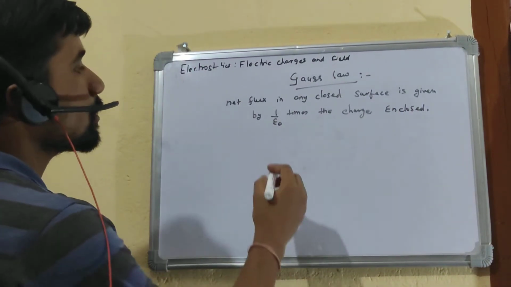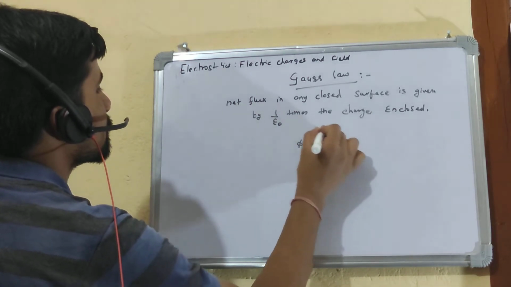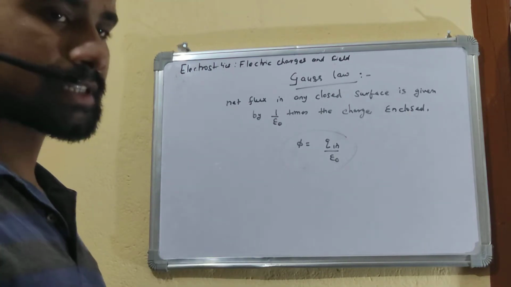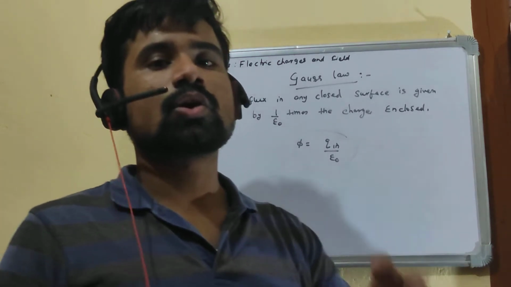So for any closed surface, the net flux will be given by the charge enclosed divided by epsilon naught. This is the statement of Gauss law. That surface is called a Gaussian surface.